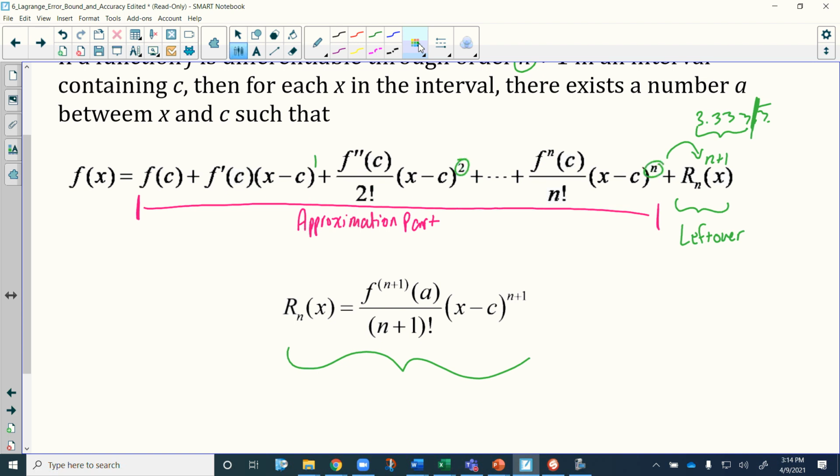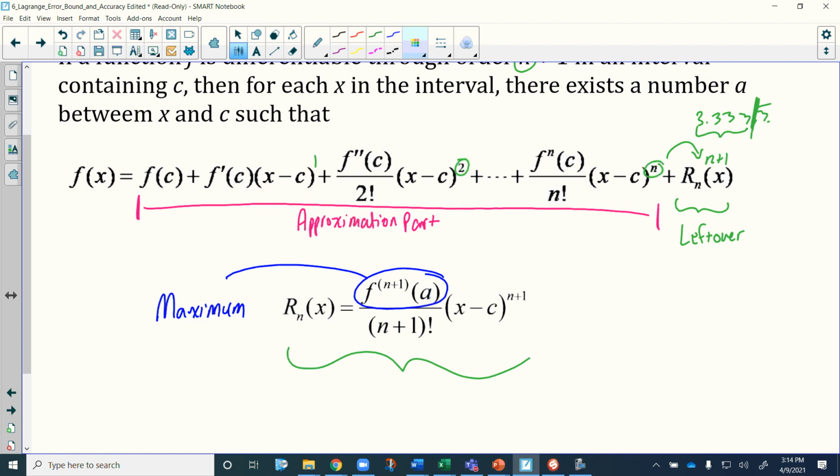Now this bit right here is what we refer to as the maximum. That's the maximum value that we're going to wind up getting. The n plus 1 in parentheses shows that we're taking the degree of our polynomial plus one more degree.